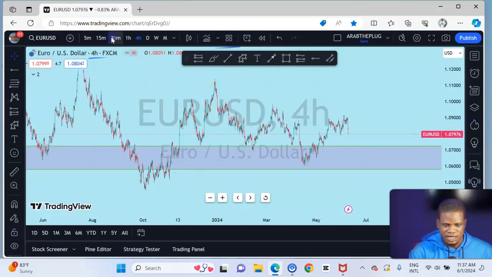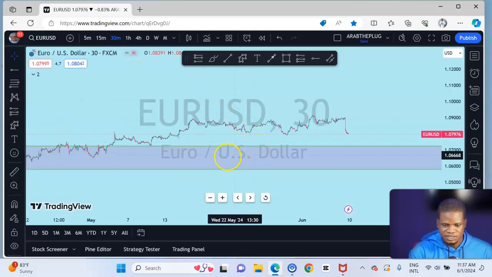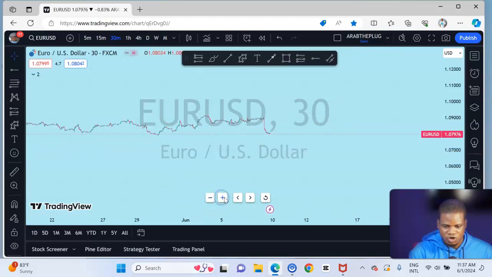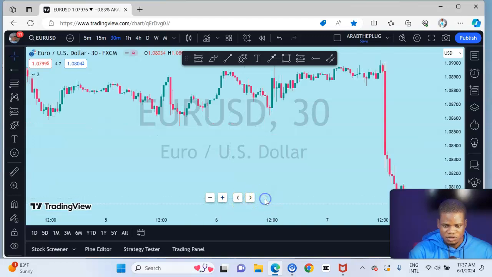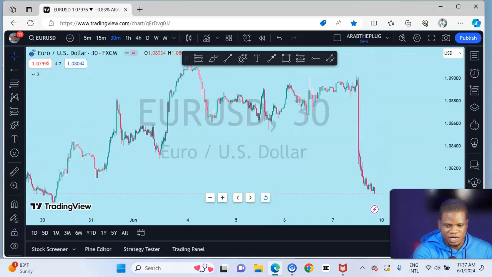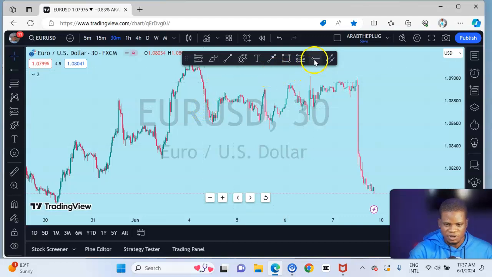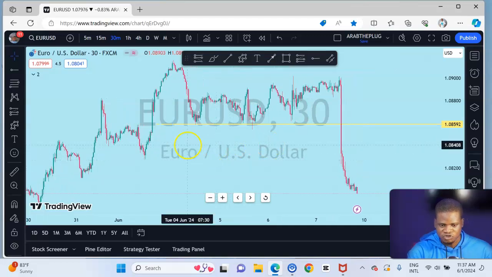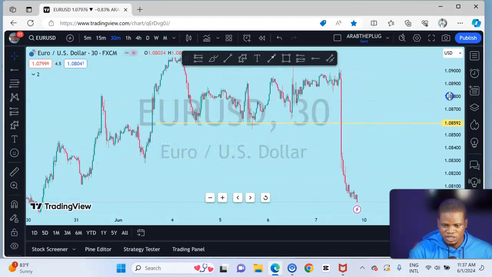So this is the price, this is the chart of Euro USD, and you will see in this market that there is a particular area that whenever the market comes to it, the price bounces. So look at this area, for example. Look at this price point, for example. This is like an example of an area of support. Why do we call it an area of support?